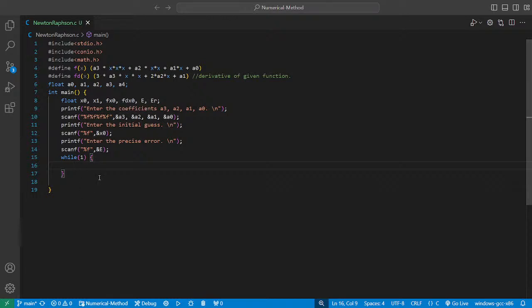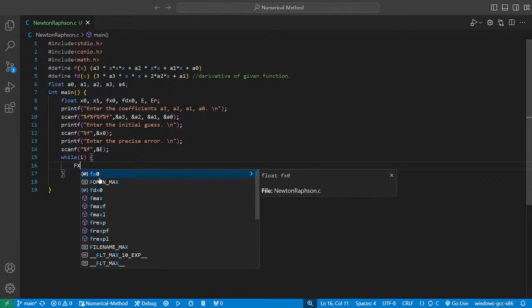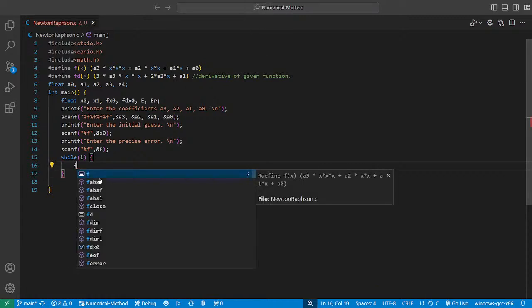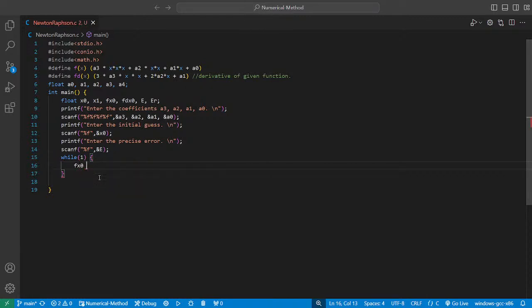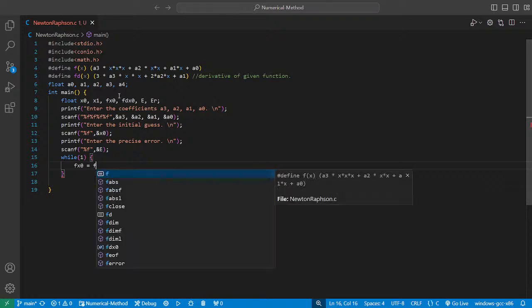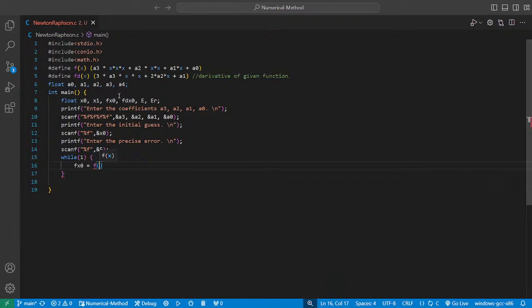Let's put that value in f of x naught, using our function f, because we are inputting this initial guess into this expression.